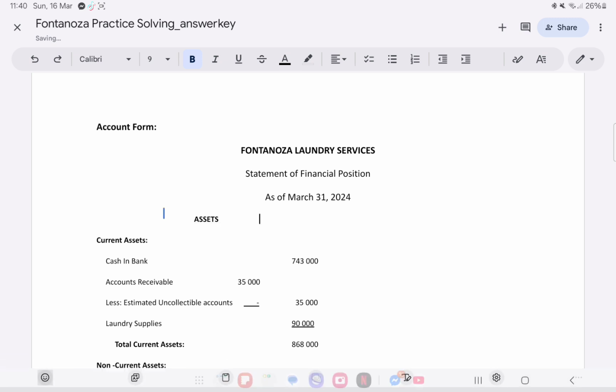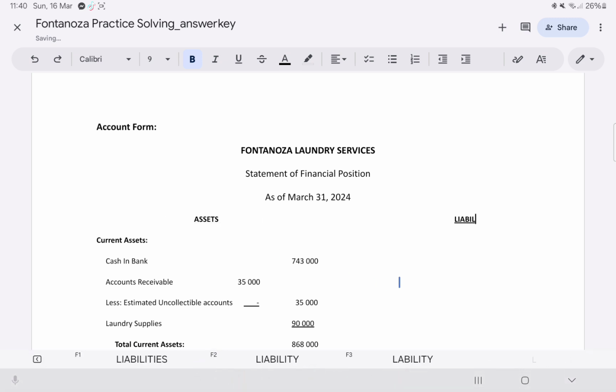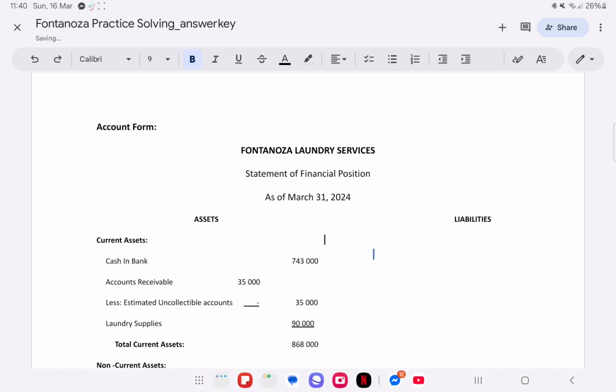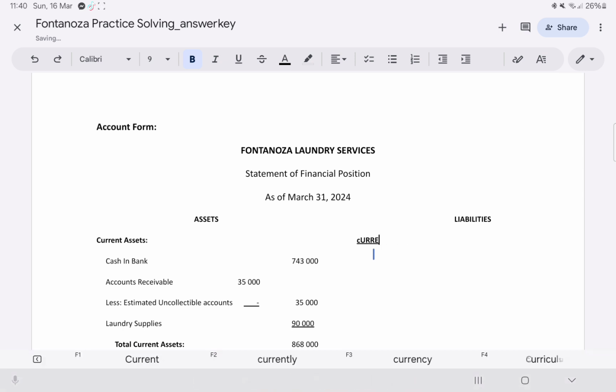Assets. Then here is liabilities. Then current liabilities.